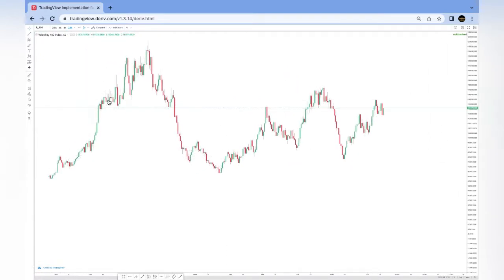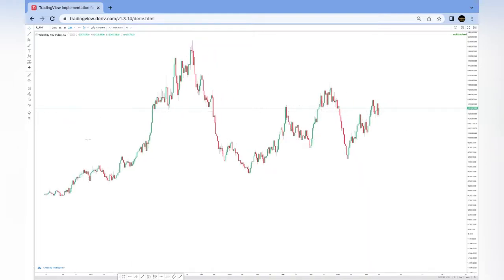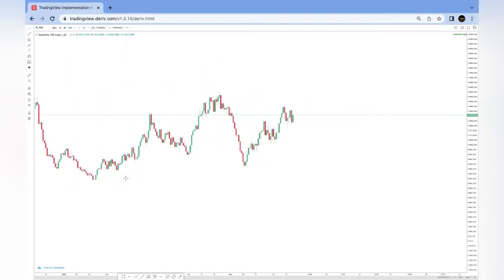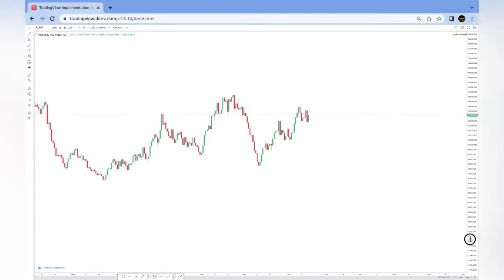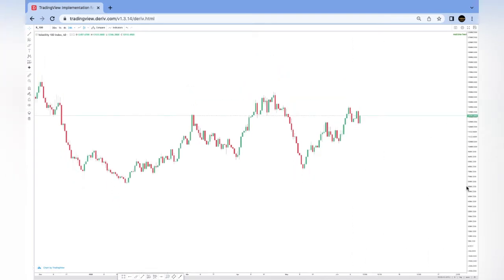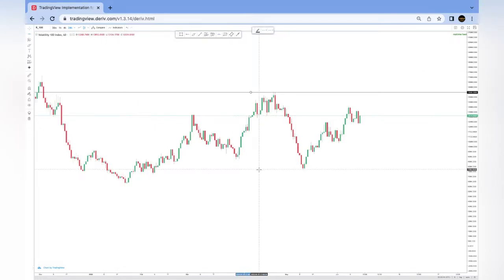So from the daily, we try to mark out the structure we have on the daily. Then we write down the trends. We write down the time frames to get us an entry, to tell us what the market is doing. So we have this as the high and we have this as the low.